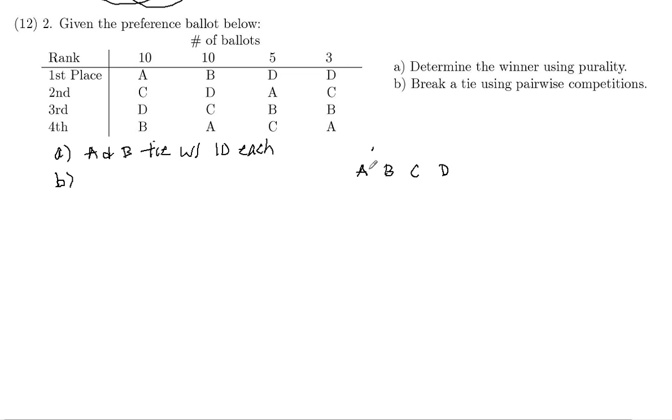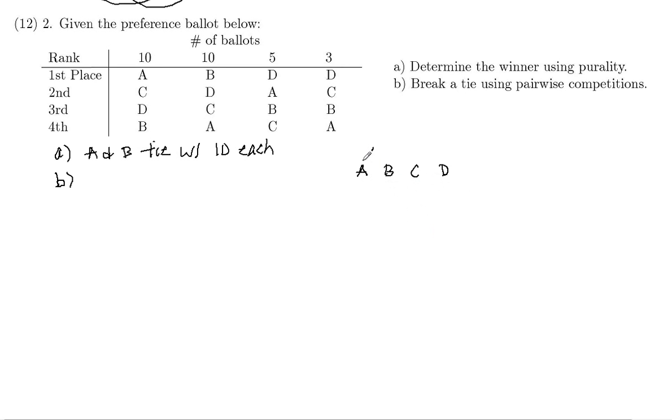So let's see here. We could have A versus B, A versus C, A versus D. B to A we've already got. B versus C, B versus D, and then C versus D. You know what? I can't remember if I did those differently last time.